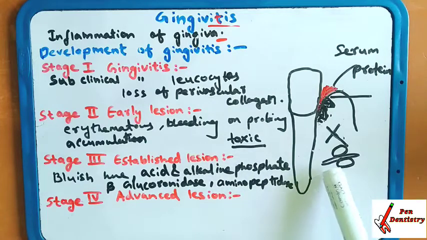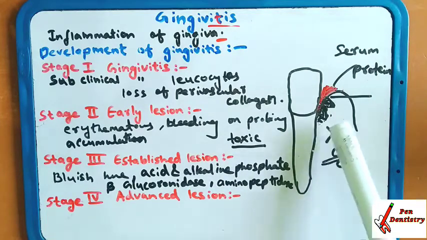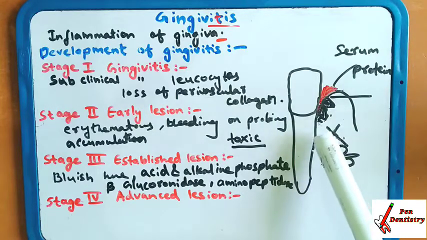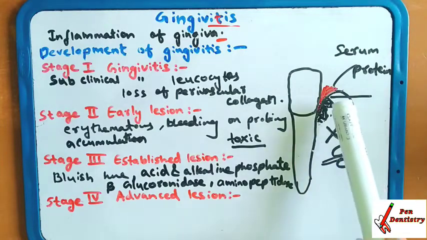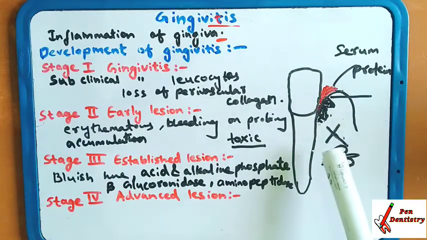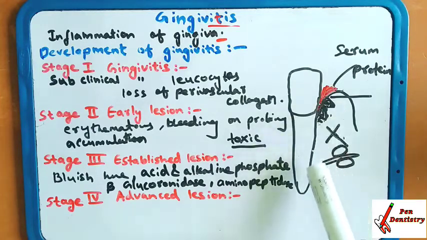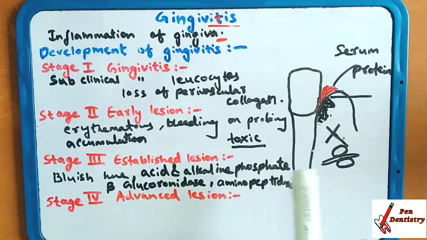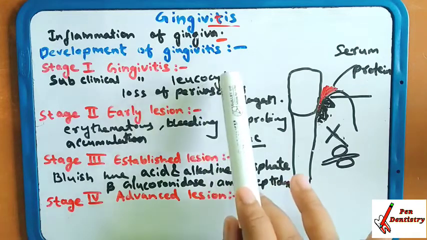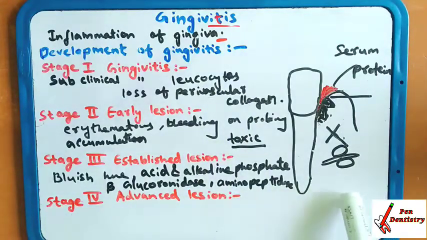Formation of periodontal pocket: as it is occurring more in the alveolar region, the periodontal pocket will be seen. Conversion of the bone marrow into fibrous tissue. Presence of all types of inflammatory cells, all types of leukocytes and the rest of the inflammatory cells will be present in the last stage.